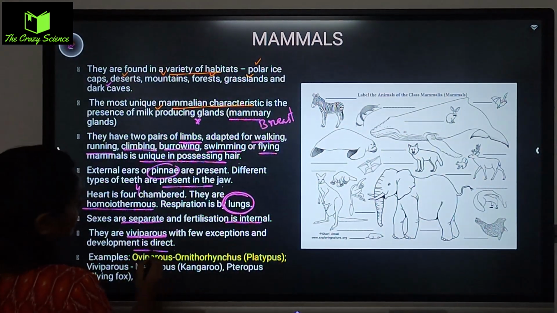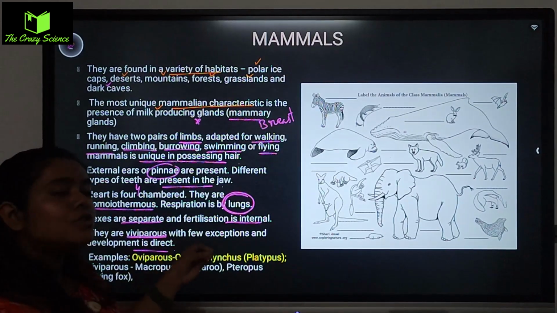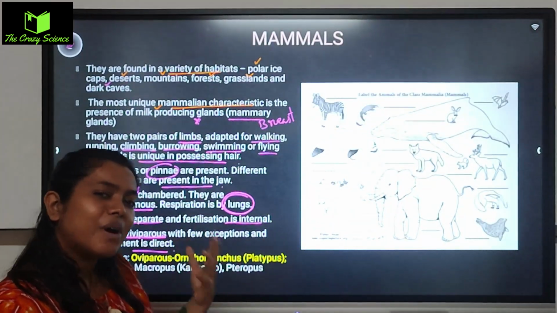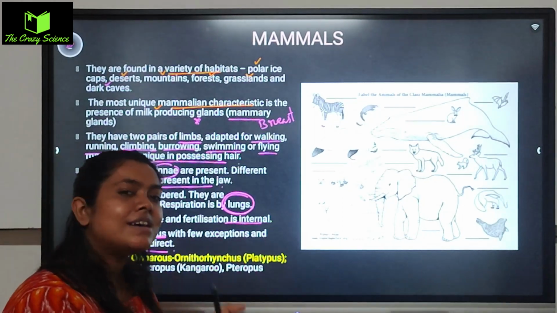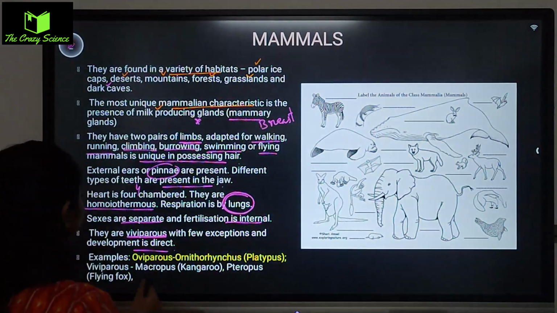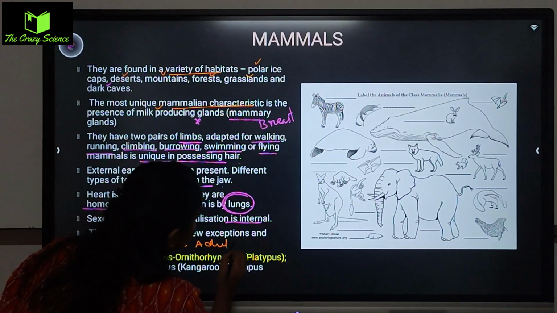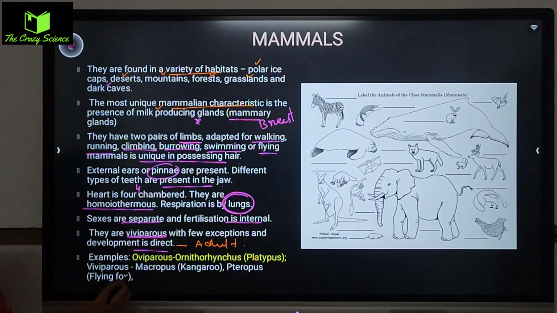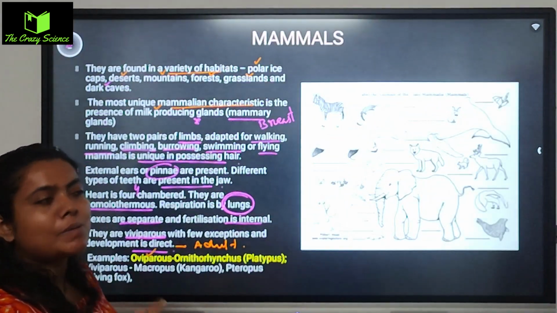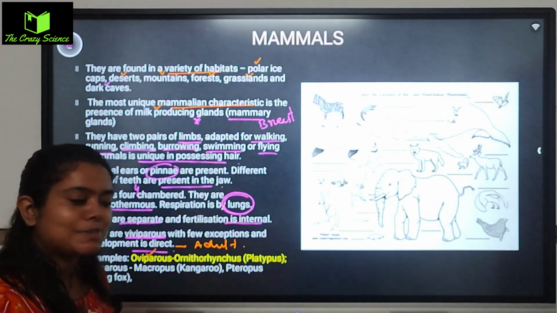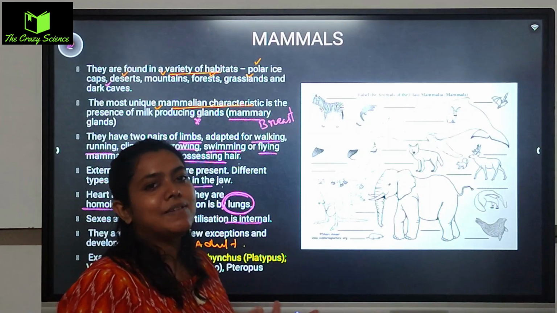Development is direct, meaning an adult is formed directly with no larval stage. Rest of the mammals are viviparous, carrying the babies for a longer period and then giving birth.